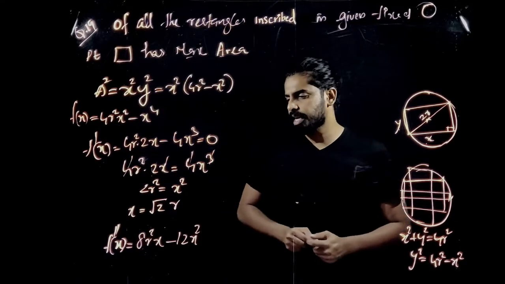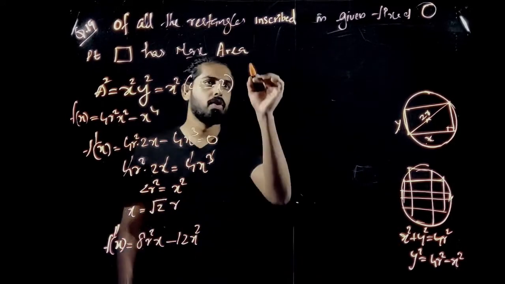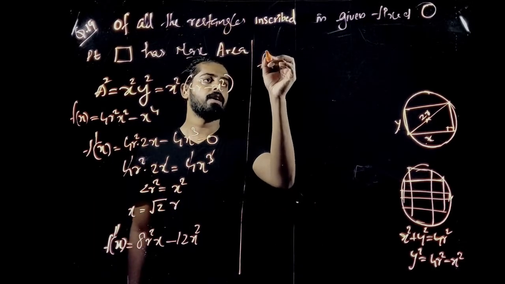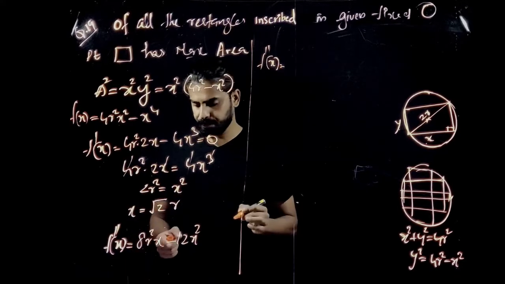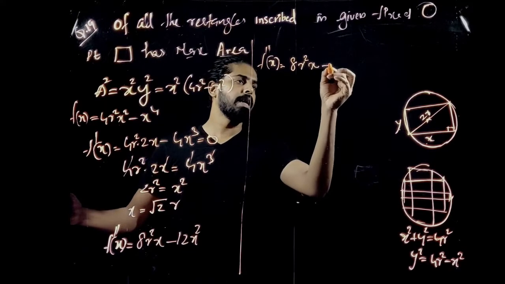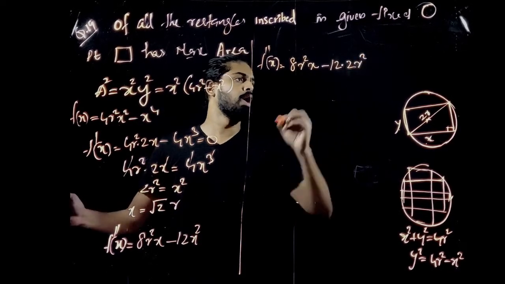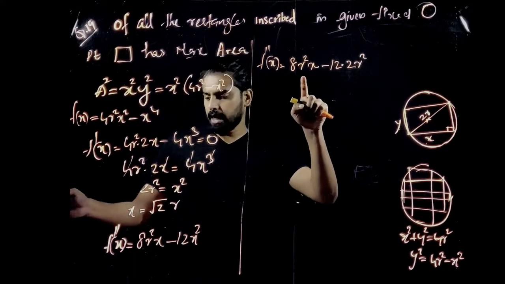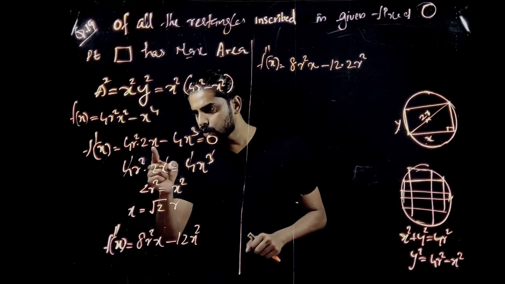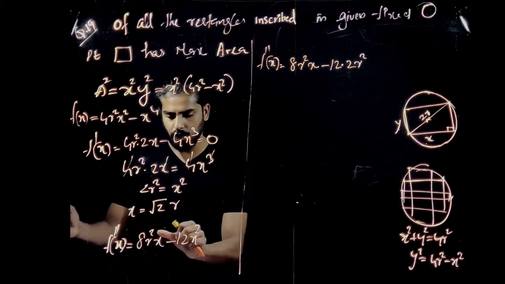We need to prove that the second derivative gives us a negative value on substituting x is equal to root 2r. So if we substitute x is equal to root 2r, f double dash x is equal to 8r square x minus 12 into x square, root 2r whole square, which is 2r square. So 8r square, so I think here won't be x, right? 4r square into 2x, derivative of 2x is 2, right? So here won't be x.